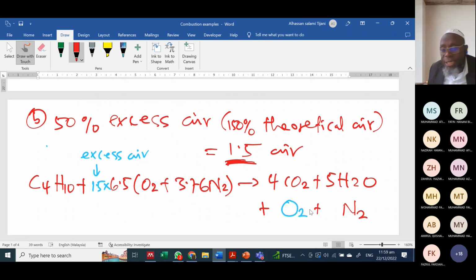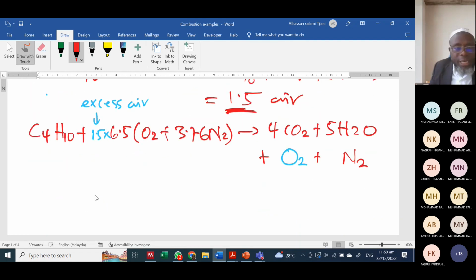Now, since nitrogen does not participate in the reaction, it only goes in and comes out, it makes things easy for us. How many moles of nitrogen do we have at the reactant side?